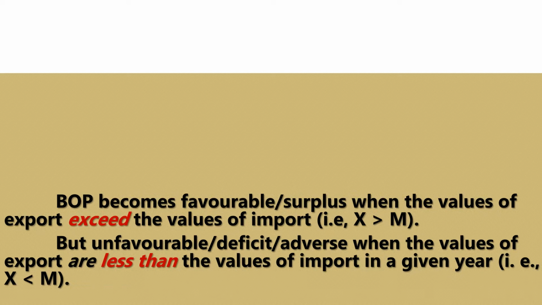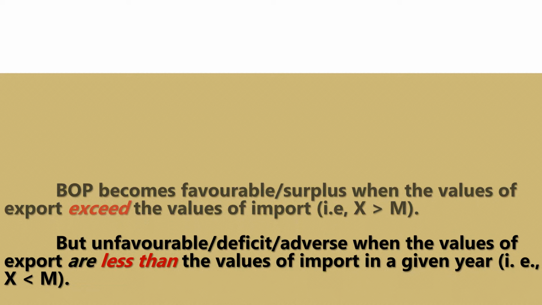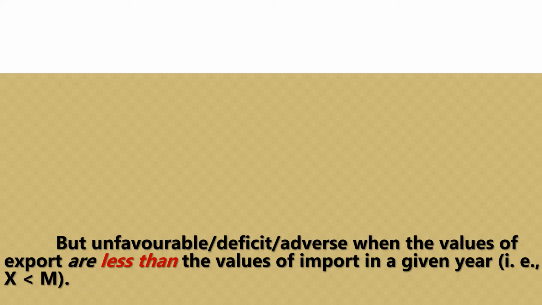It means that for that year, Nigeria was having a surplus of 80 million naira because export exceeded import. But BOP will be unfavorable if the reverse is the case. That is, if the values of a country's export are less than the values of our import in a given year.